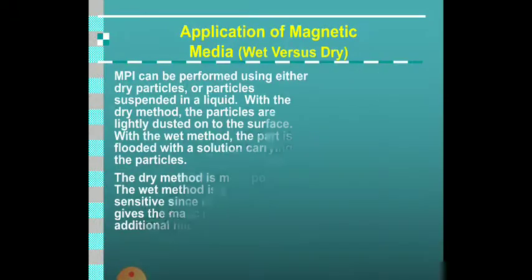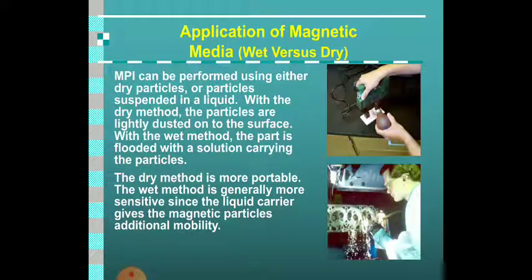And another method is the application of magnetic media, wet versus dry media. These are the basic techniques to use the wet or the dry magnetic particle methods. MPI can be performed using either dry particles or particles suspended in a liquid.